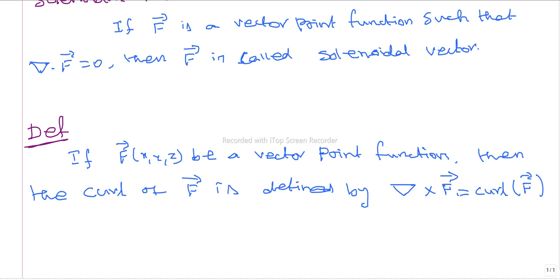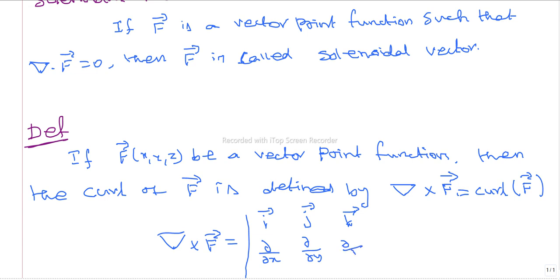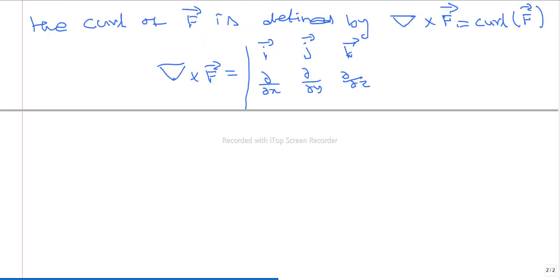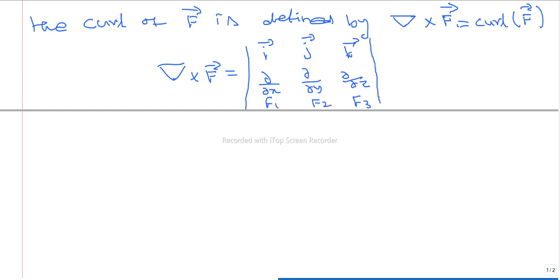Actually there is a theorem. This del cross f is nothing but the determinant of a 3 by 3 matrix. The first row is i vector, j vector, k vector, the second row is dou by dou x, dou by dou y, and dou by dou z, and the last row should be the components of f, suppose f1, f2, f3. The determinant of this matrix is the curl. So what is the determinant?